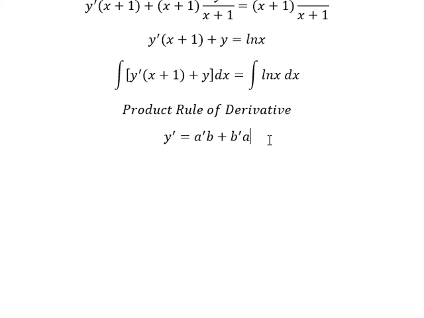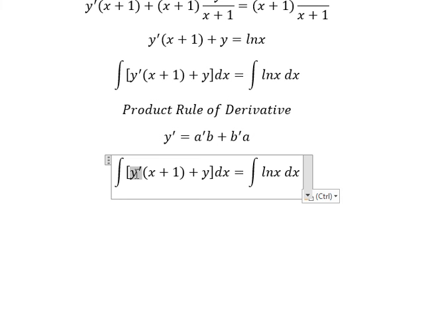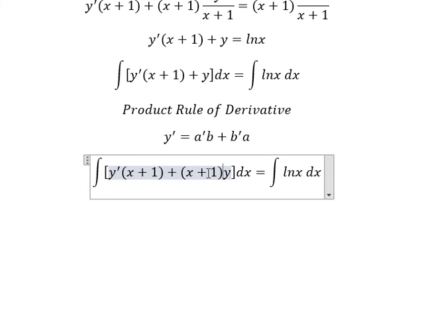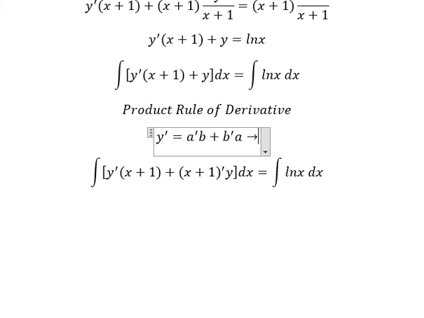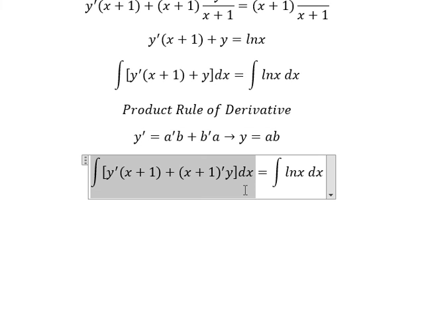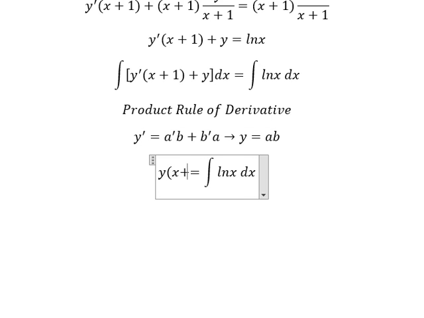So for this one, that is about first derivative of a multiplied by b. This one, that is about first derivative of b multiplied by a. So the integration of this one, we have y equals to ab. So the integration of that one, we have y multiplied by s plus 1.